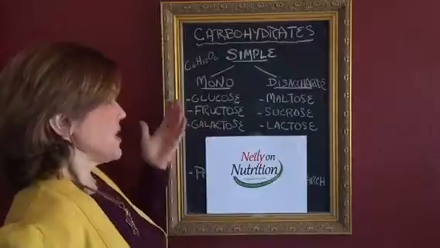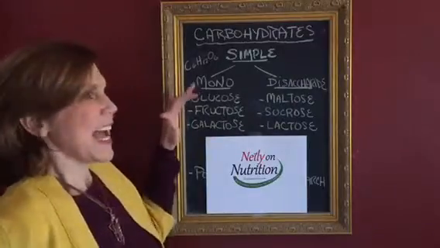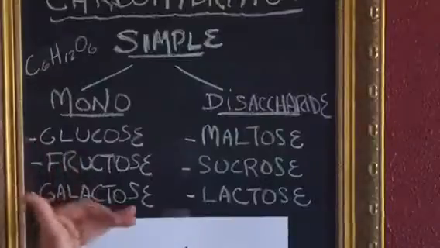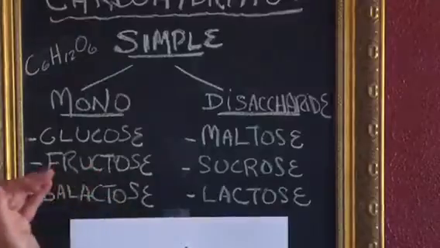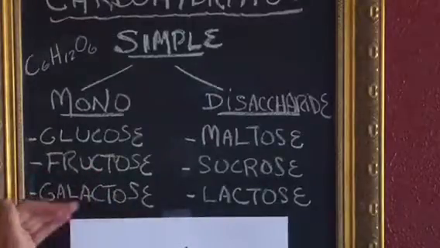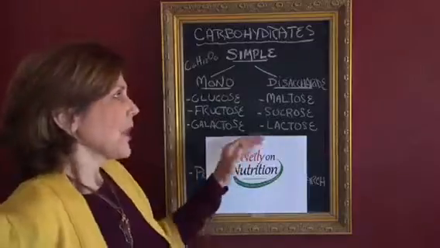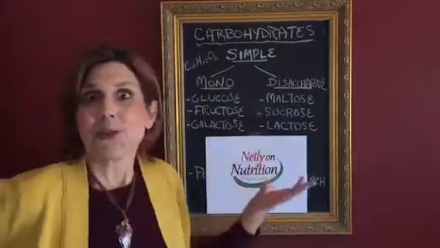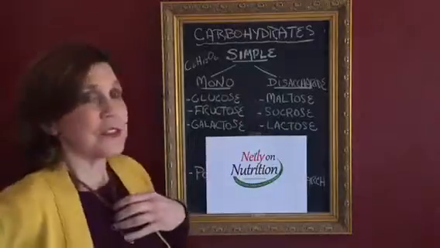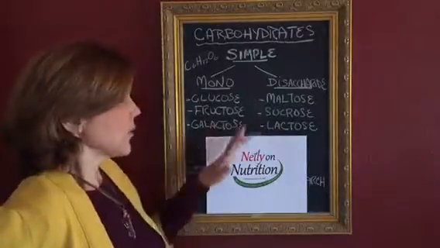So basically what we do is we have glucose that's added to each one of these. So glucose and glucose is maltose, glucose and fructose is sucrose, and glucose and galactose is lactose, which is our milk sugar. Sucrose is table sugar, and table sugar is nearly 100% sucrose.